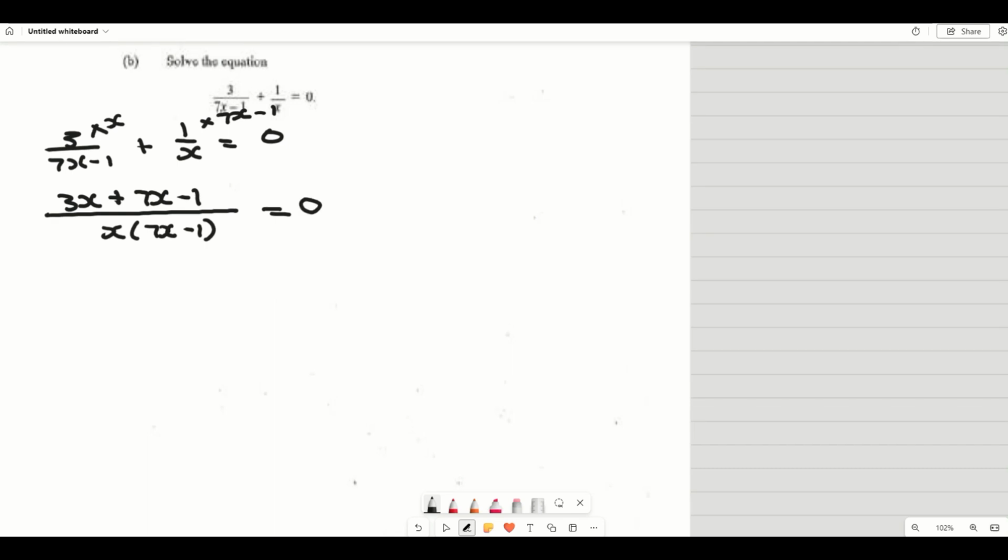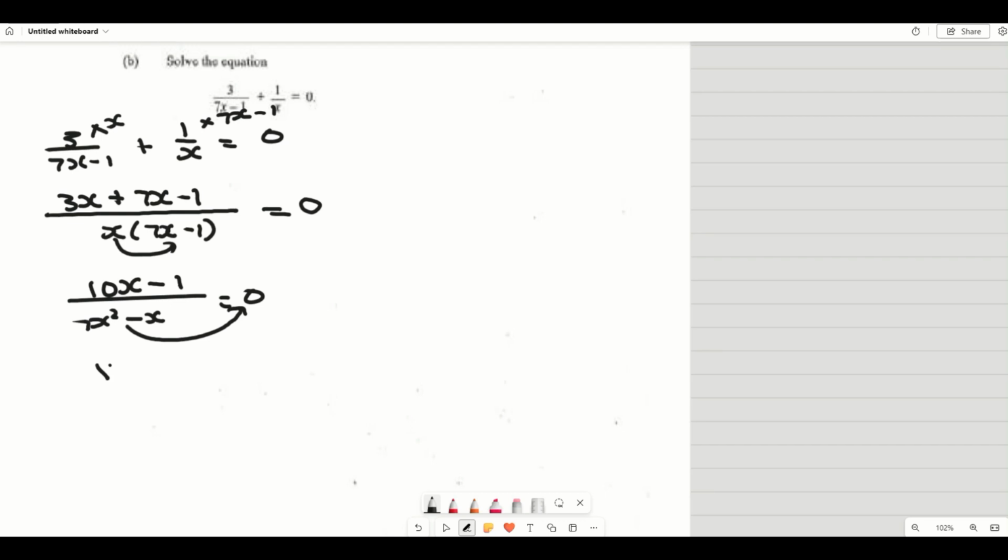So 7 plus 3 is 10. So that's 10x minus 1 all over x by 7x is 7x squared minus x, equal to 0. So you carry this across. We want to make x the subject. If you carry across, divide by, it's going to turn to multiply. But anything multiplied by 0 is 0.